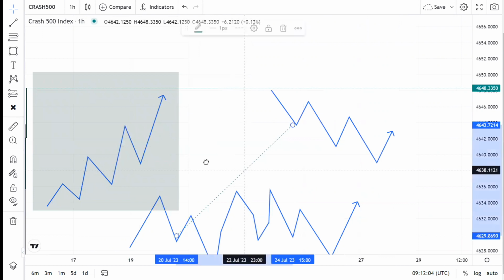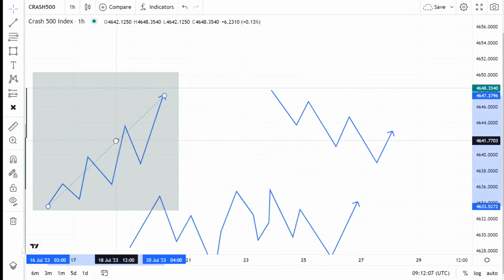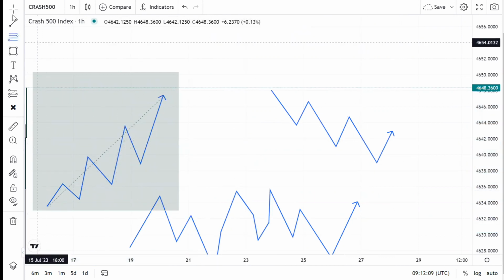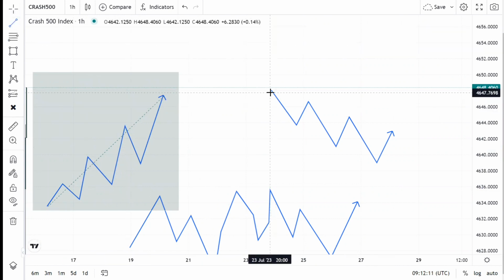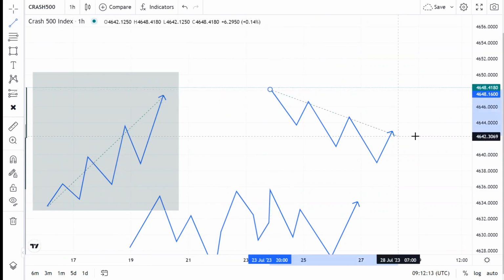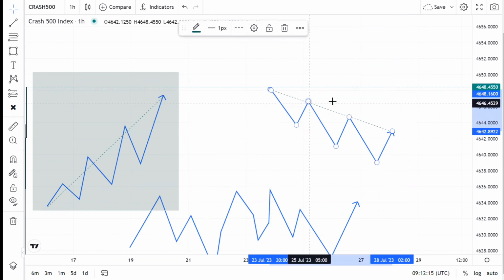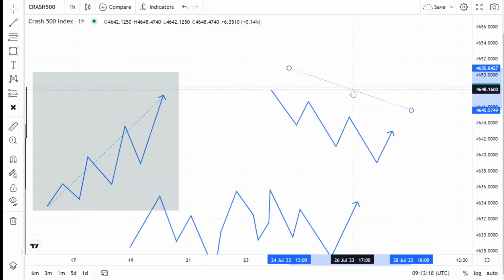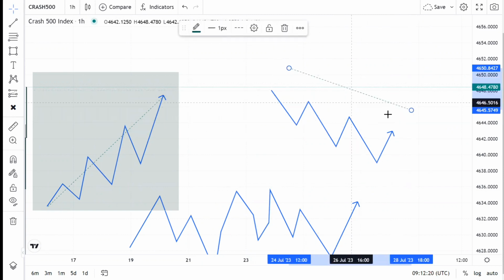Doing that for the downtrend, if we mark the beginning of this downtrend to the end, the trend line is facing down. This is a downtrend.